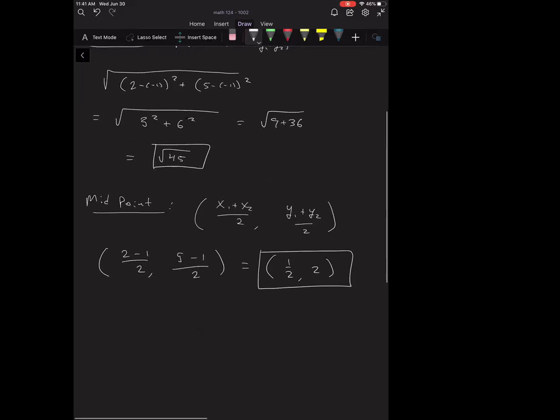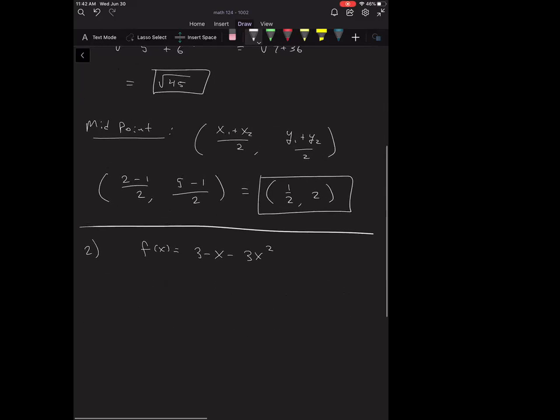Okay, the next problem, number 2. We have f of x is equal to 3 minus x minus 3x squared. We want to find a couple of things: f of 2, f of t, and f of a plus 1. So for f of 2, there's nothing really to do here. All we do is plug in 2 for x.